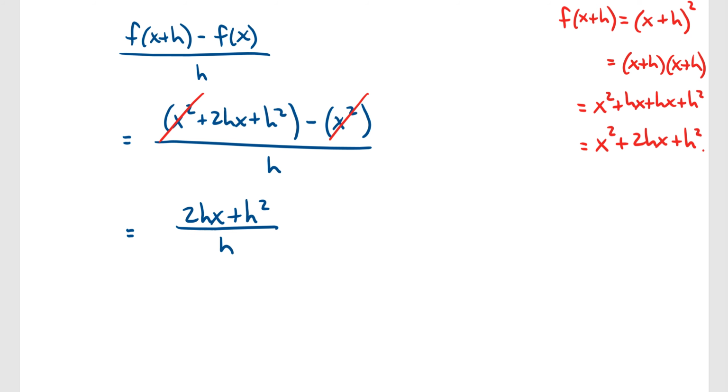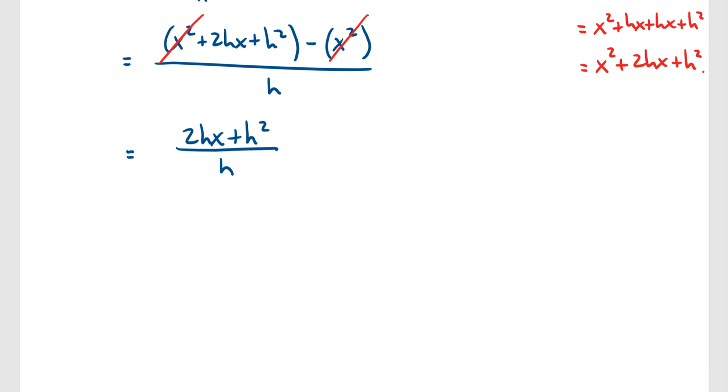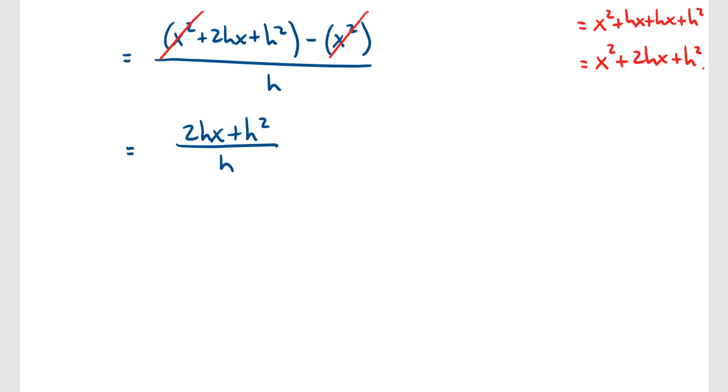We clearly cannot plug in a 0 yet, right? Because we'll be dividing by 0 if we plug it in for h. But we can factor out an h in the numerator and get h times 2x plus h over h. Now we see that an h cancels, and we get 2x plus h.